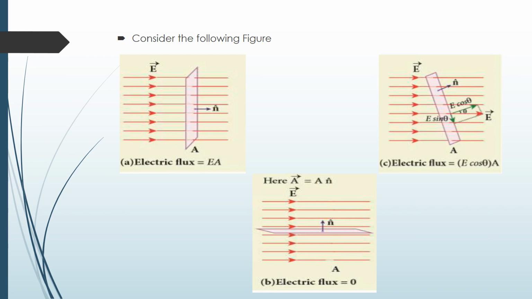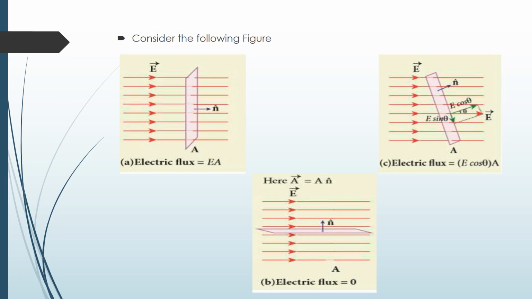Now in third case, you can see this surface is slightly tilted, or you can say the area vector makes a certain angle theta with the direction of the electric field lines. Now in order to find out the electric flux for this case, we resolve our electric field into two components. One is horizontal and one is vertical. The horizontal component is E cos of theta, and the vertical component is E sin of theta.